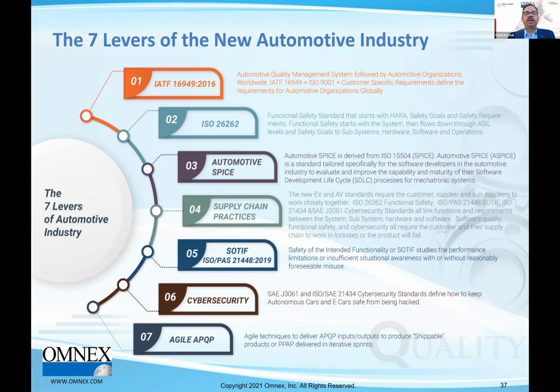China has said by 2035, no gasoline vehicles should be sold. They do accept hybrids. But, all right. So with that, we'll have functional safety, ASPICE, SOTIF. Some other time we'll talk about what that means. Cybersecurity, Agile APQP, all become very important topics you should learn.